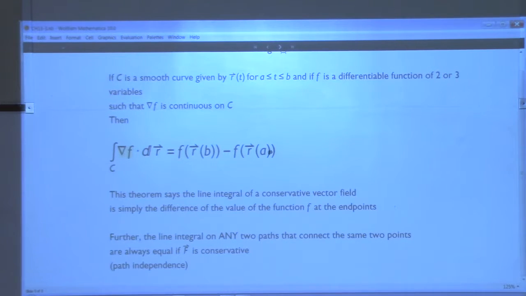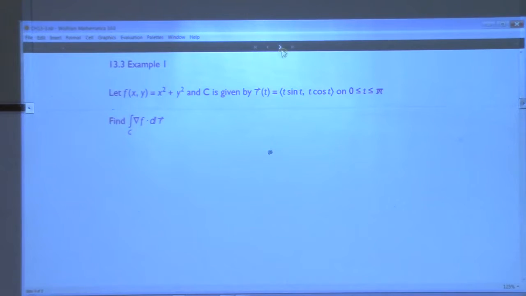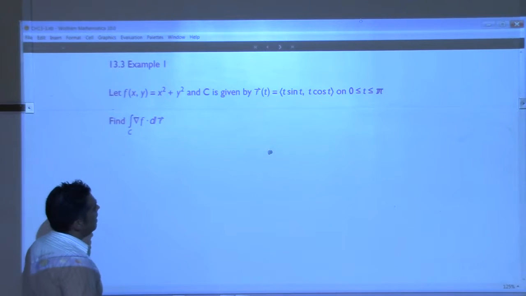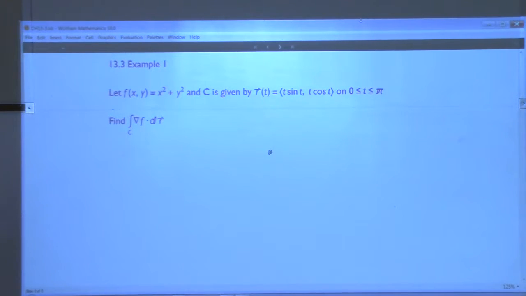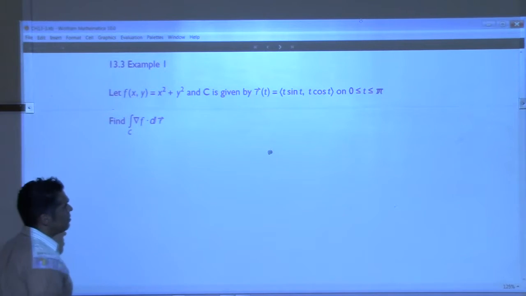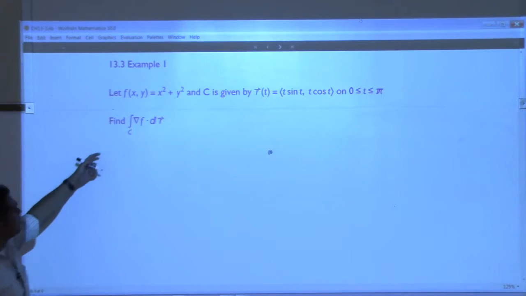So let's do an example. Let f, the scalar function, f of x, y be equal to x squared plus y squared, and C be given by this vector function t sine t, t cosine t, and our interval is t between 0 and pi. We want to find this, right?